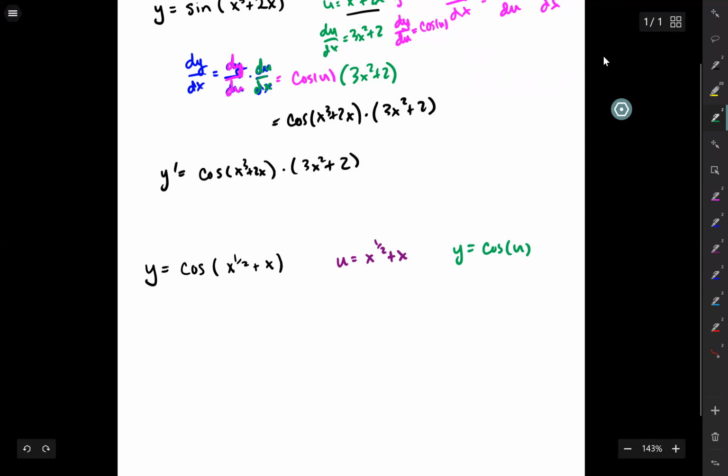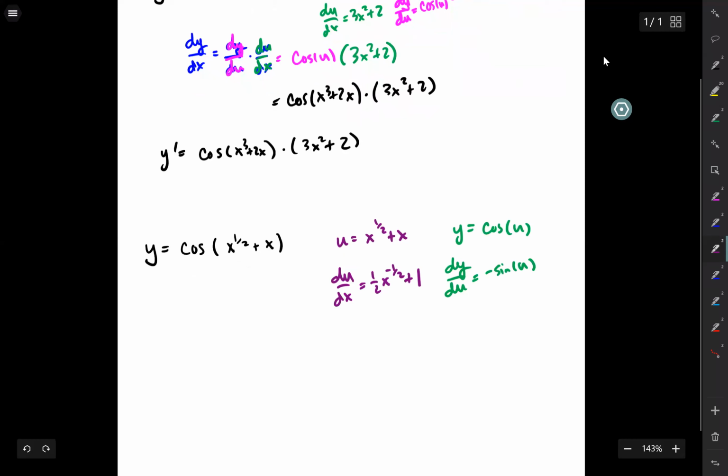So now this time, the derivative dy/du is going to be negative sine of u, and the derivative du/dx is going to be what? 1/2 x to the minus 1/2 plus 1. And so then we put that together and we get dy/dx is dy/du times du/dx.